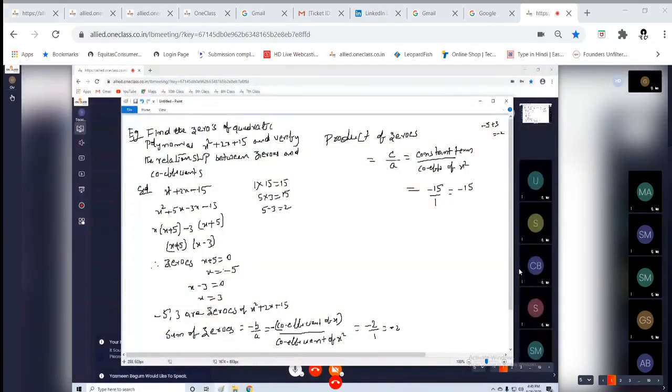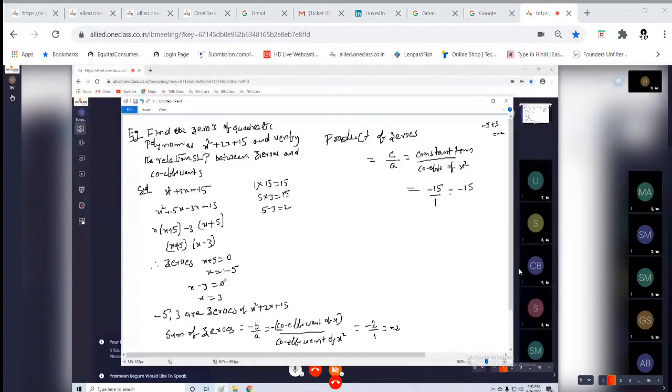So for the sum of the zeros, we need not find the zeros. Every time there is no need to go for factorization. Just minus the coefficient of x, which here is 2, so minus 2, by the coefficient of x square, which is 1.